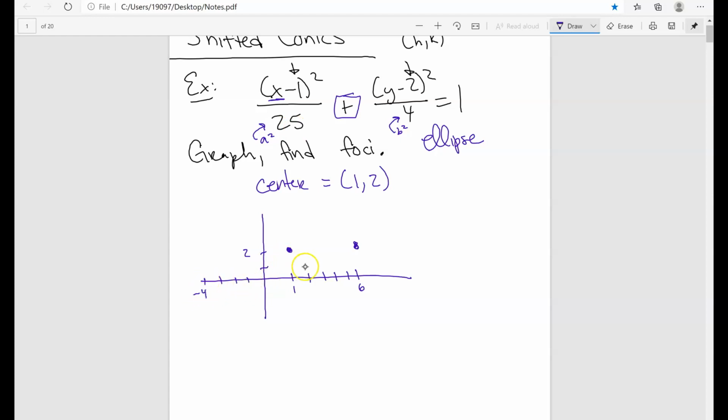Now I'm at -4. Now for this one, b squared equals 4, so that's going to give me 2. Starting from the center, you're going to go up 2 units, and then go down 2 units. So 1, 2. All right, now you see the ellipse right here.